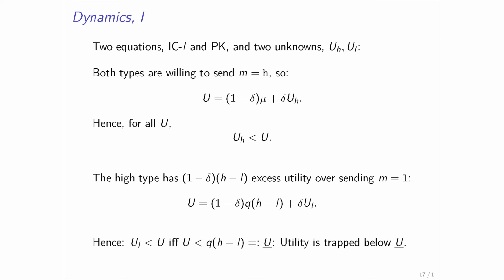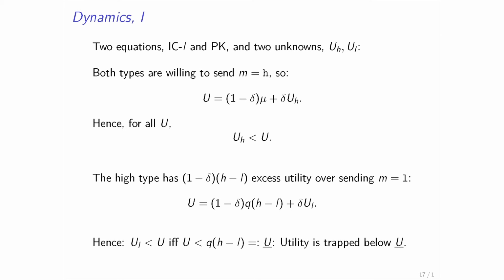And here you can see UL will be smaller than U only if U is smaller than Q multiplied by (H minus L). So if the promised utility U is sufficiently low, the future utilities are trapped below that level. And that is a fixed point region, and we achieve the first best. Beyond this lower bar, we only have second best, which is strictly below the first best.